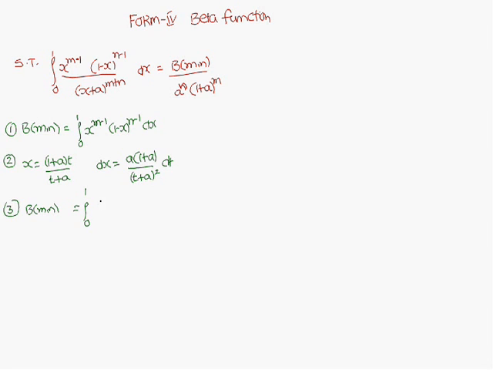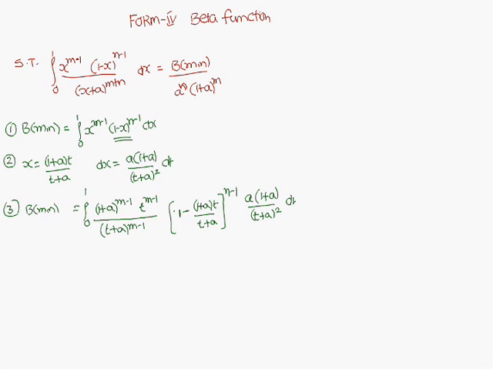X^(m-1) means (1+a)^(m-1) t^(m-1) divided by (t+a)^(m-1). Next, you have 1 minus x, which means 1 minus (1+a)t by (t+a). Then (1-x)^(n-1) dx means a(1+a) by (t+a) whole square into dt.